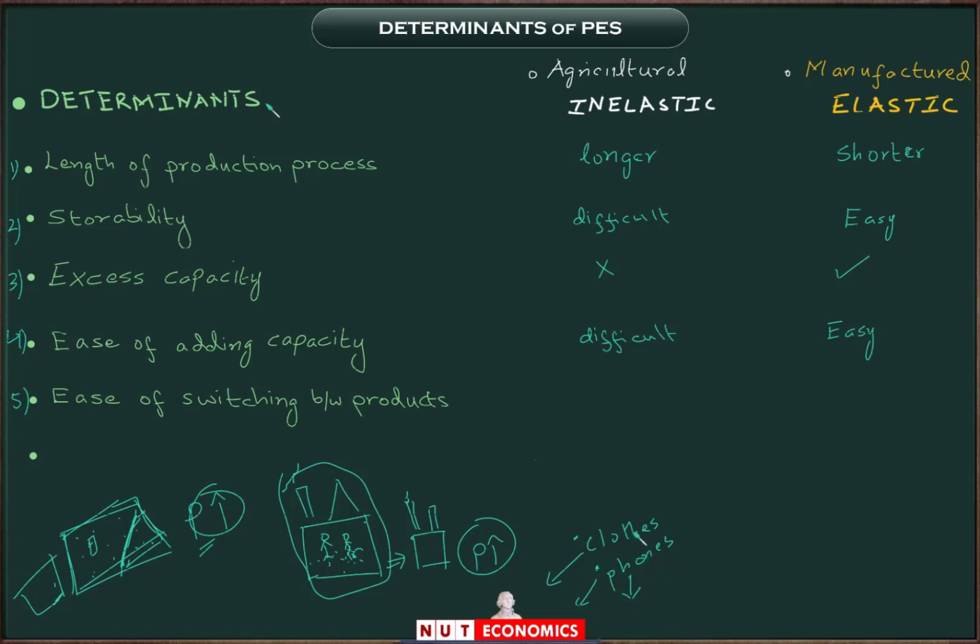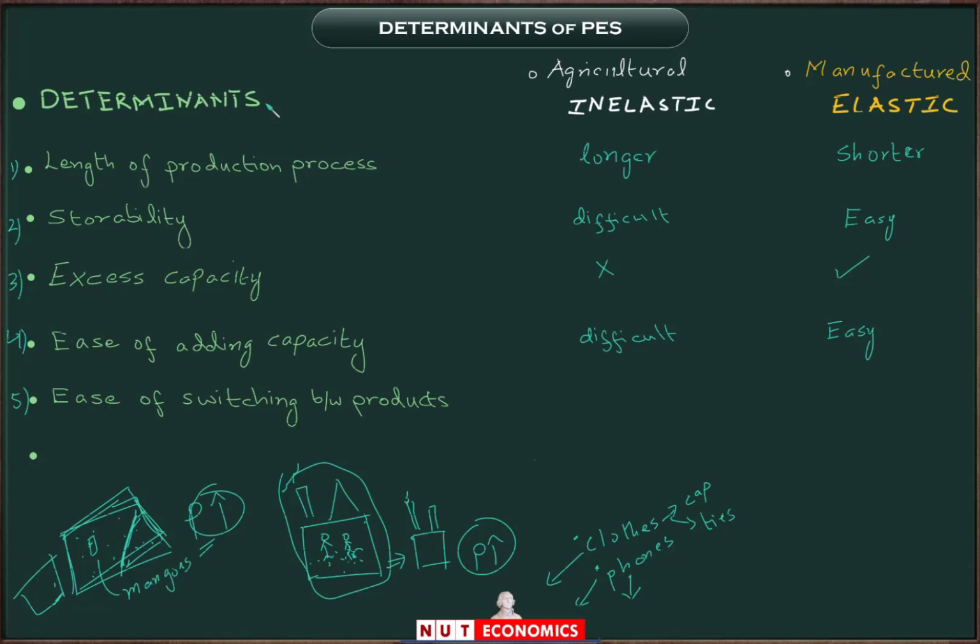So again, as you can see, there is a possibility as far as these manufactured products are concerned. I'm not saying it's very easy, but you can switch production. If you have equipment to make clothes, maybe you can also use that to make caps or ties. But if you think about agricultural commodities, if you are growing apples that require a certain fertility of the land, certain characteristics of the land, the weather, the rain, and so on, you can't just use the same piece of land to switch production to mangoes.